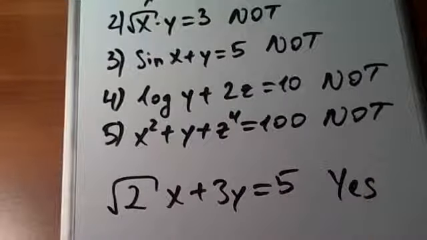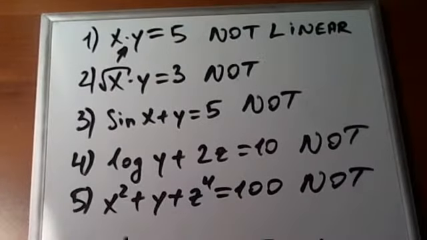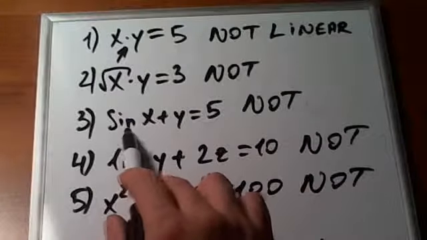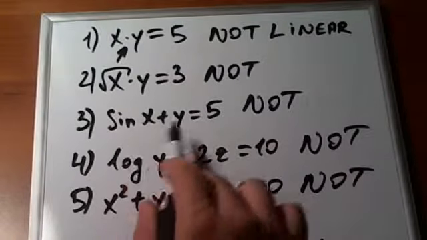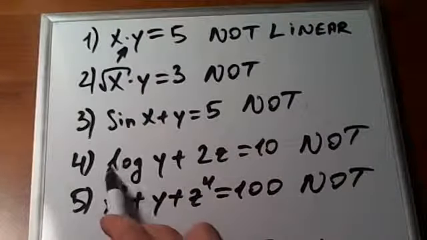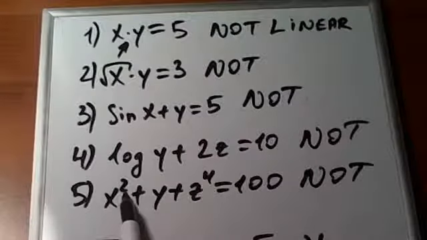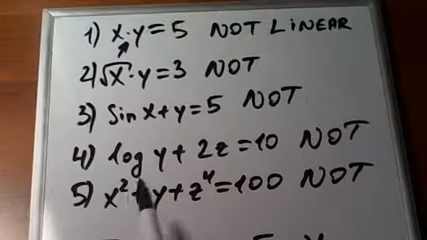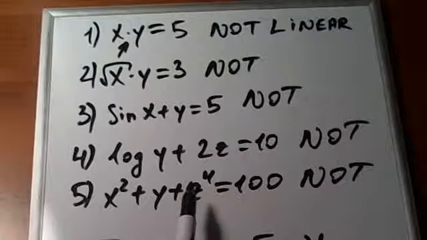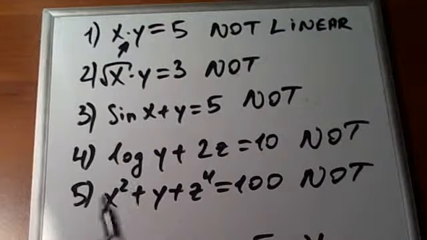Yes, it is a linear equation because the square root is not over a variable, it is a square root over a constant 2. So yes, that would be a linear equation. Now again, if you see a trigonometric function in the equation, it's not a linear equation. If you see a logarithm, it's not a linear equation. If you see an exponential function, if you see an exponent, that would not be a linear equation either.